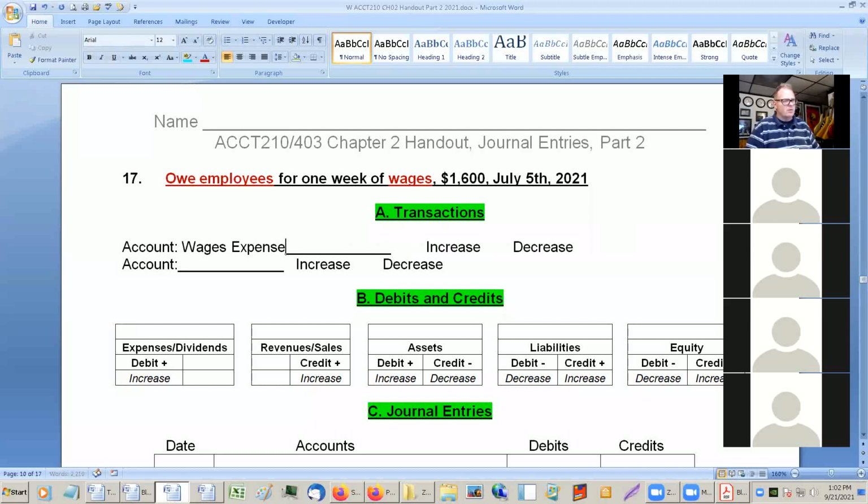The wages expense. I'll tell you one of the weird things about accounting is we don't have standardized names for accounts. So wages expense and probably wages payable. It could be accounts payable.